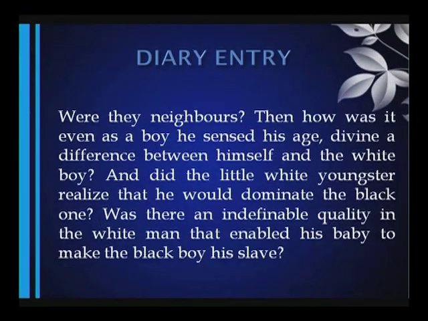Were they neighbors? Then how was it even as a boy he sensed his age, divine a difference between himself and the white boy? And did the little white youngster realize that he would dominate the black one? Was there an indefinable quality in the white man that enabled his baby to make the black boy his slave?